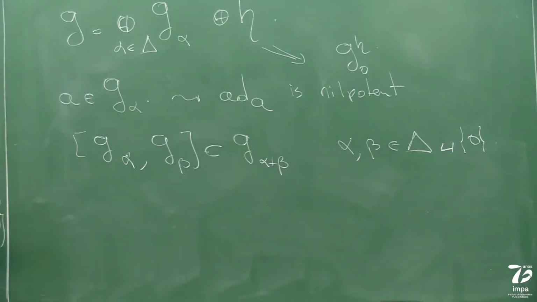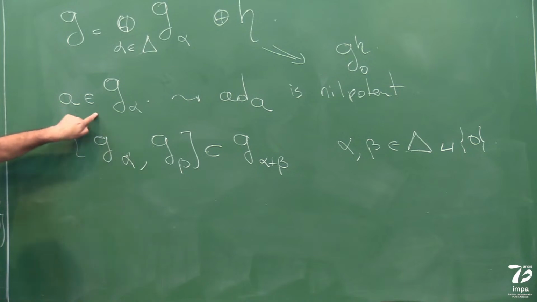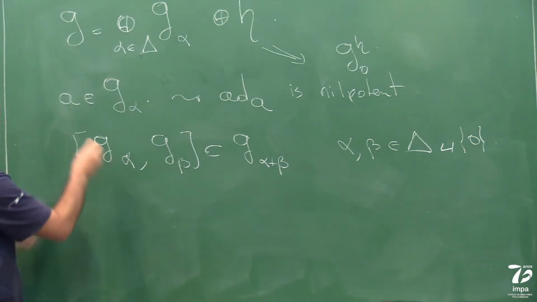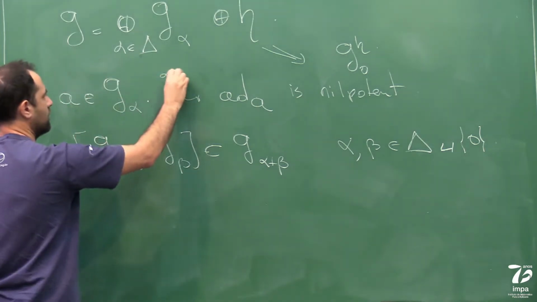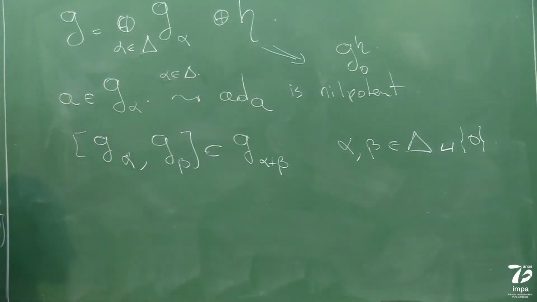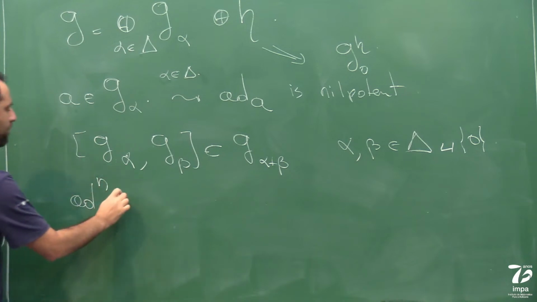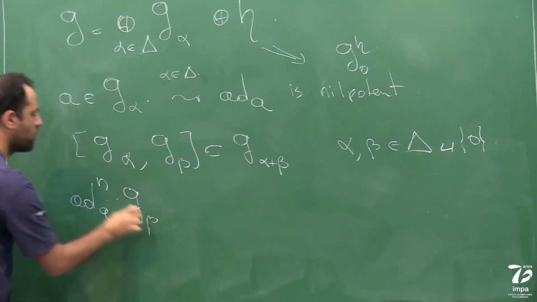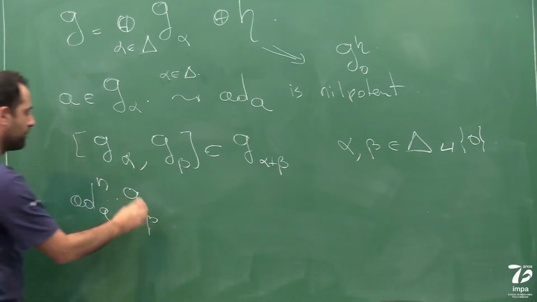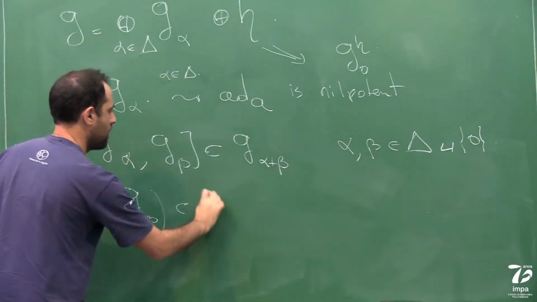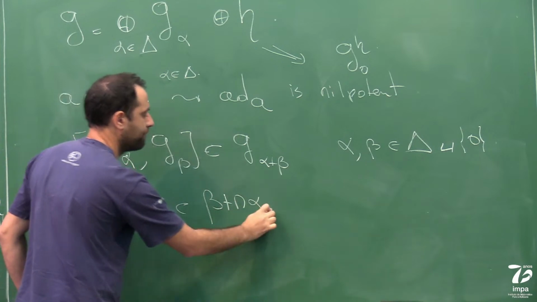So that means that if you have A in G alpha, where alpha is non-zero, then ad A to the n applied to G beta, where beta could be 0 here, is inside of G beta plus n alpha.